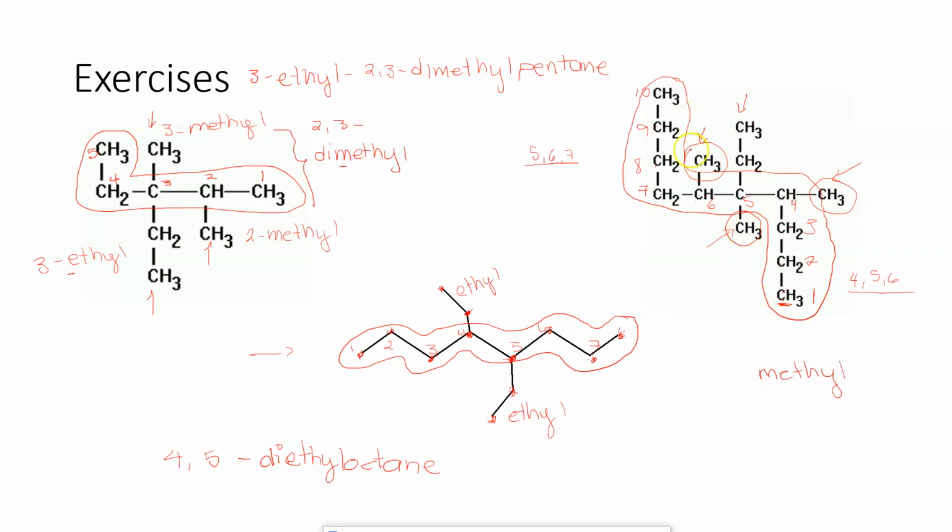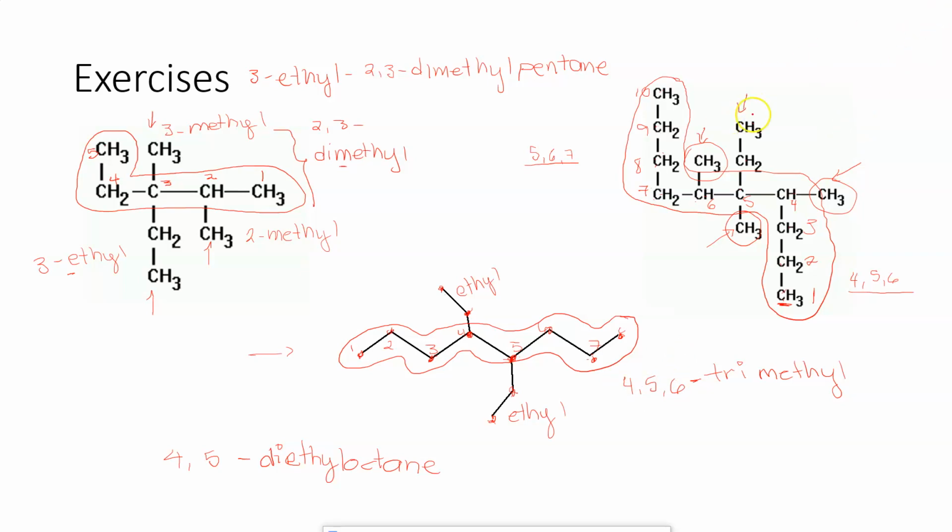So these three are methyls, and I have 3 of them. So I'm going to add tri, right? Now, these ones are in position 4, 5, and 6. 4, 5, and 6, right?